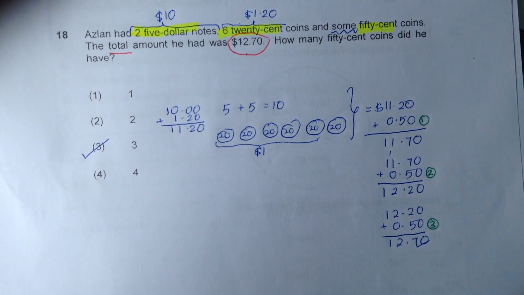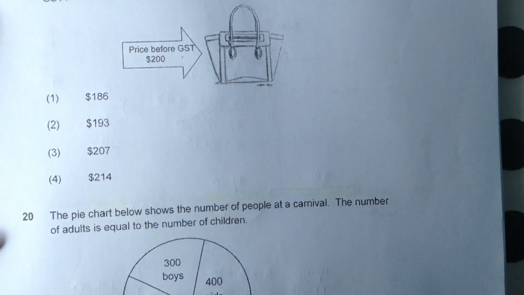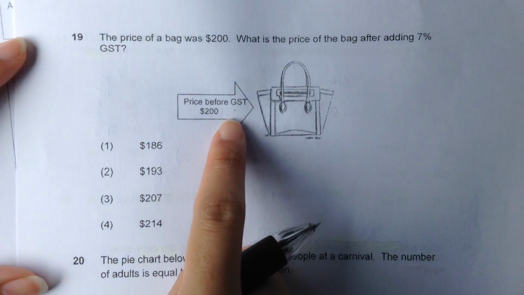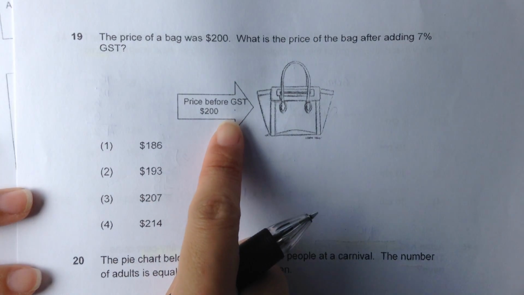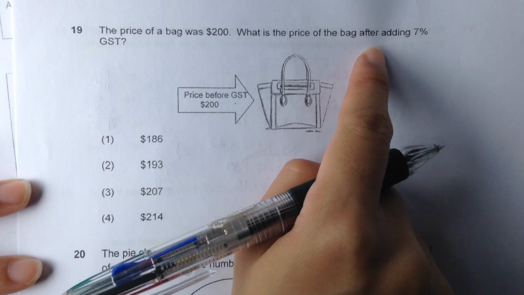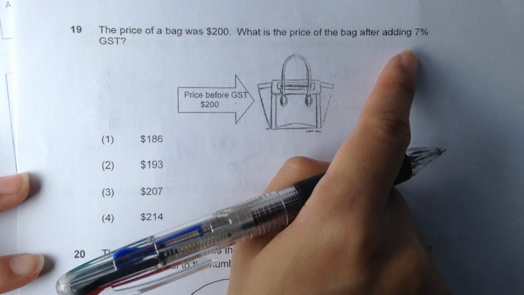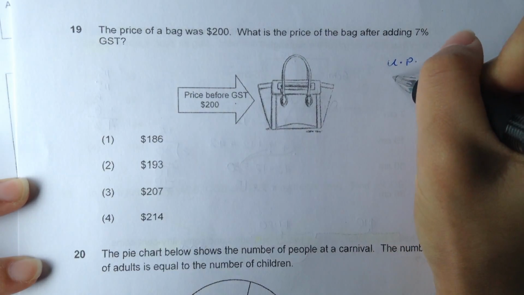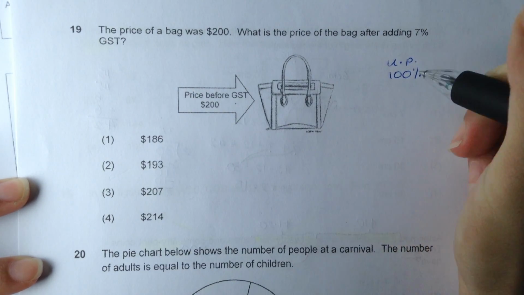Question 19. The price of a bag was $200 before the GST. So this is the usual price. What is the price of the bag after adding the 7% GST? So the usual price of the bag is at 100%.